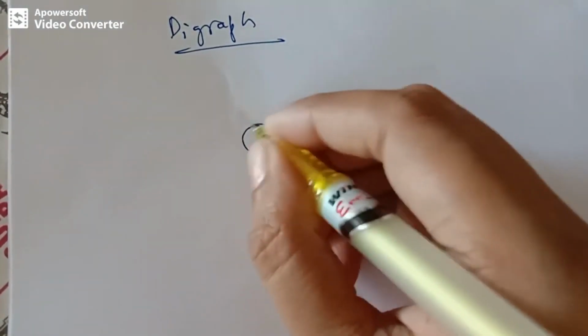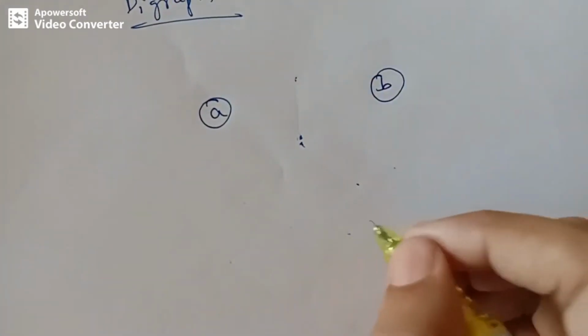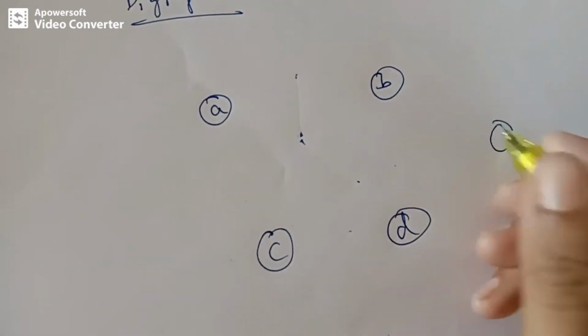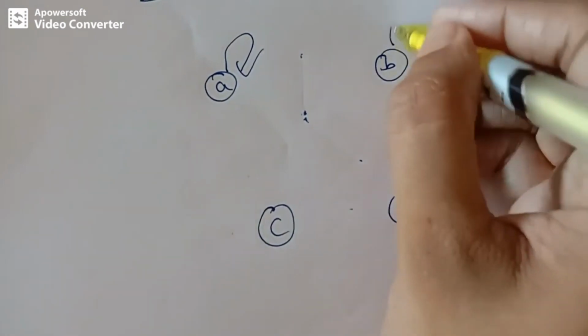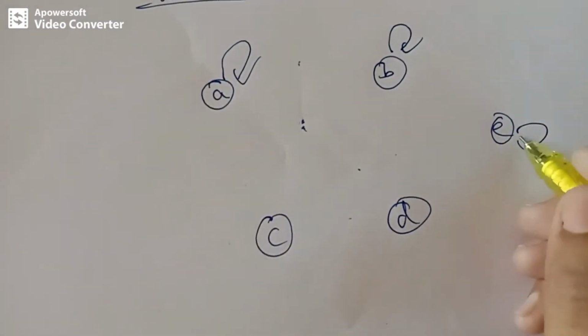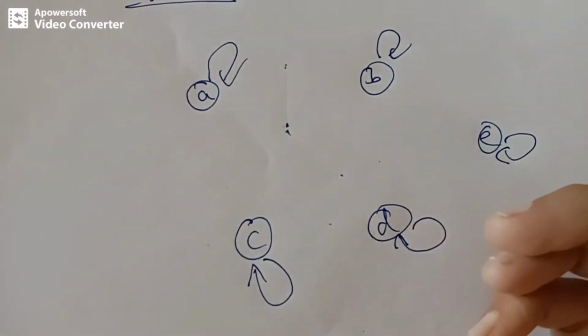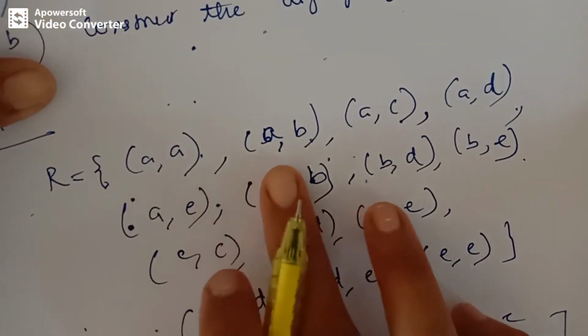Let's represent the vertices by labeling A, B, C, D, E. Okay, I'll represent it like this. From A to A there is a relation, B to B there is a relation, E to E there is a relation, D to D, C to C. Then you can check the pairs. From A to A you have already done.